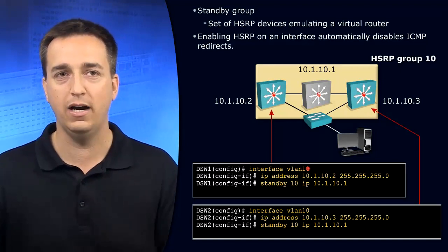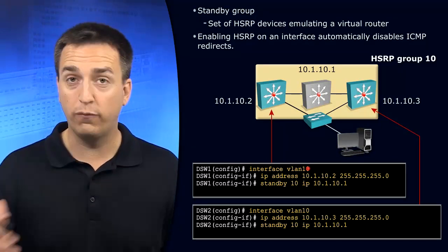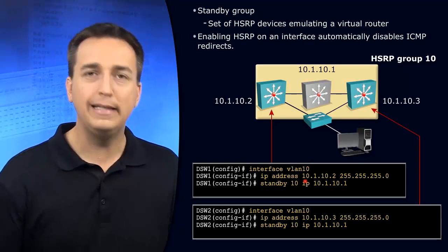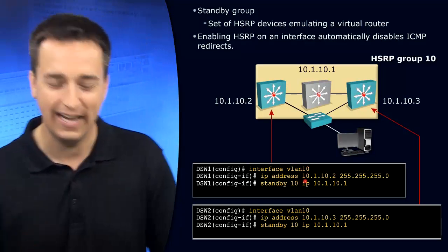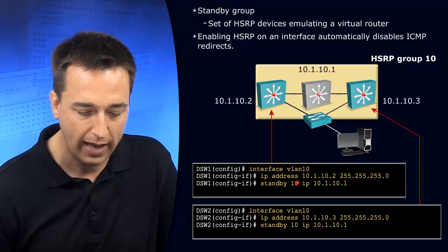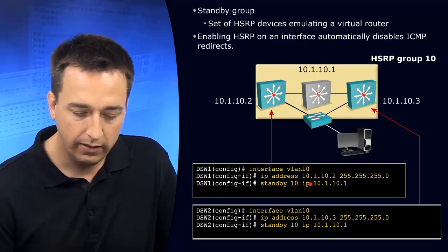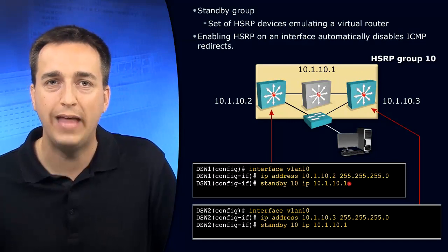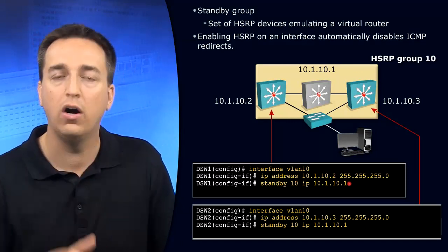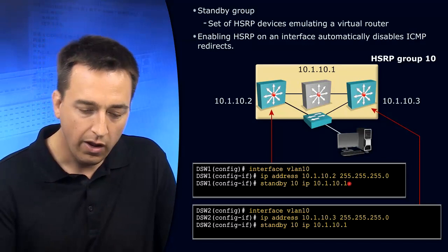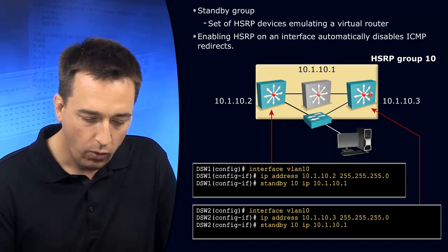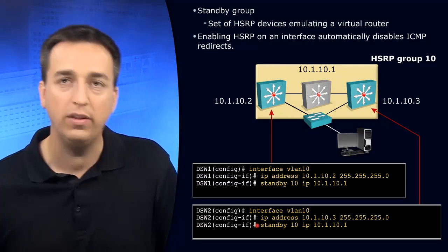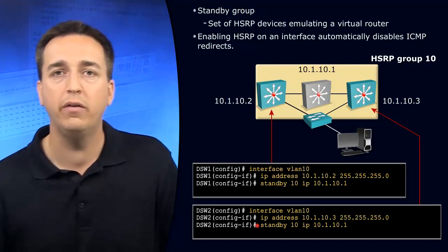The router doesn't care about it at all, but for you, it might help ease your pain as an administrator. So standby group 10, IP, and there's the virtual IP address, 10.1.10.1. That's the IP address we're going to configure on our clients. And on DSW2, we are going to do the exact same thing: standby 10 IP 10.1.10.1.